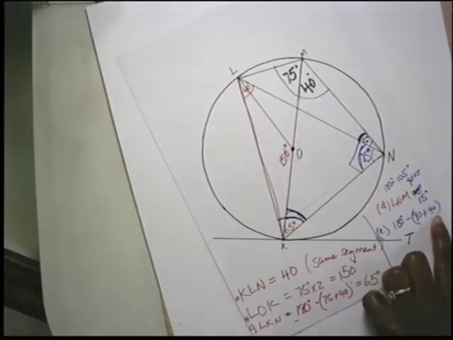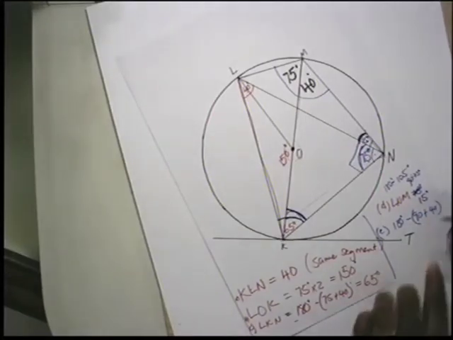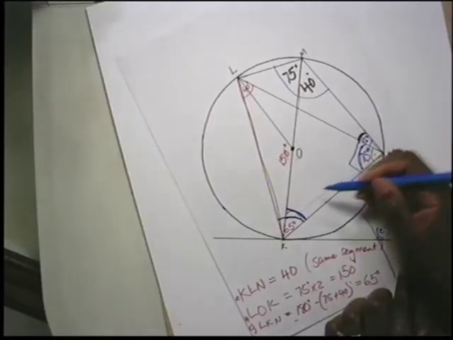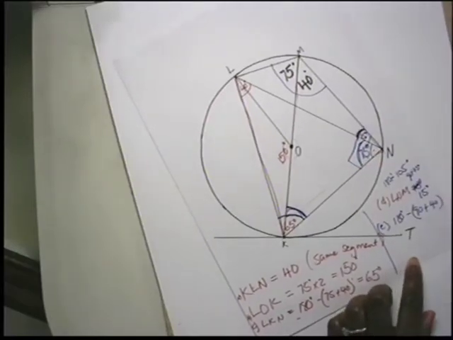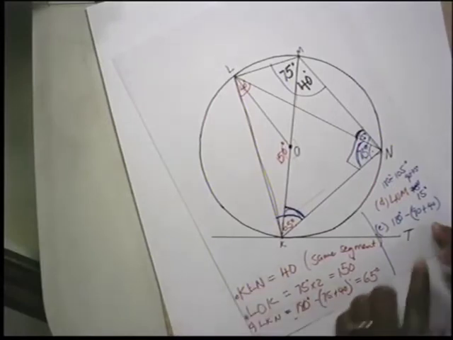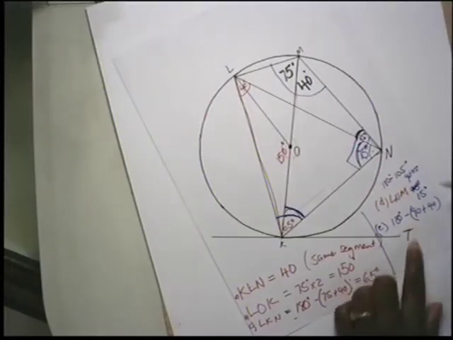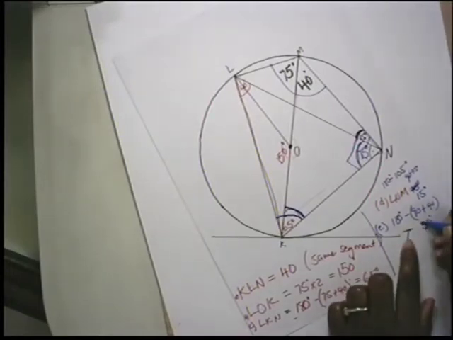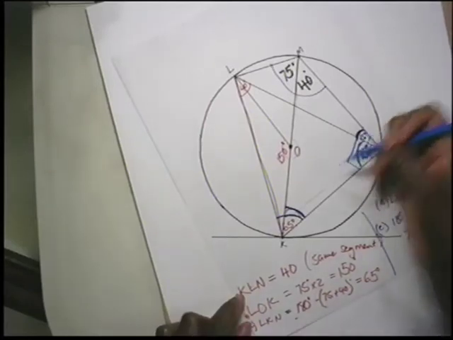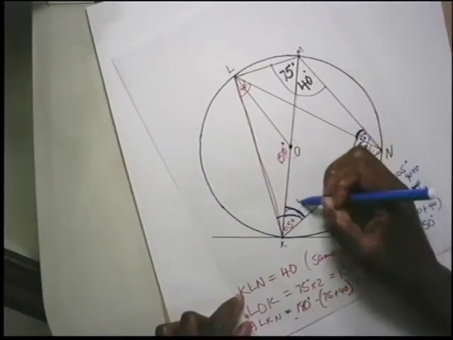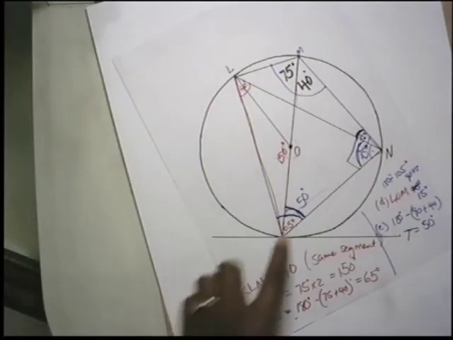So 180 minus 130 will give us 50, not 60 but 50 degrees. The angle here is 50 degrees there.